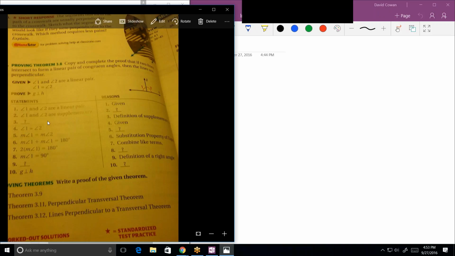And sometimes with these proofs, the most frustrating thing is, why do we need statement 3? We've already said they're supplementary. So sometimes it can be a little aggravating that you have to spell out the fact that the measurement of angle 1 plus the measurement of angle 2 are supplementary. He's just doing this to make us think, really. Well, no, it's not just him doing this.